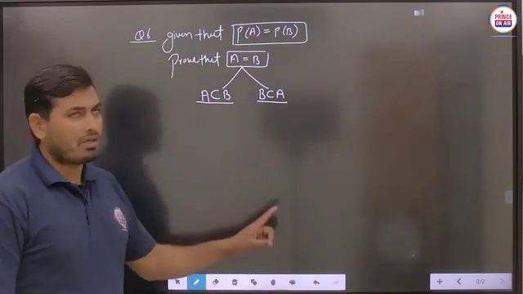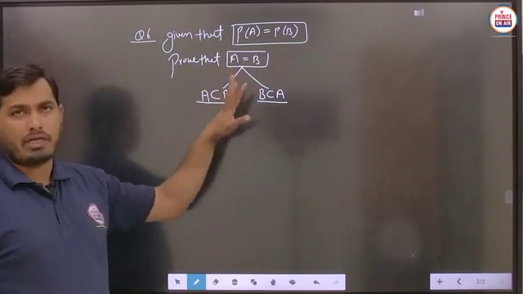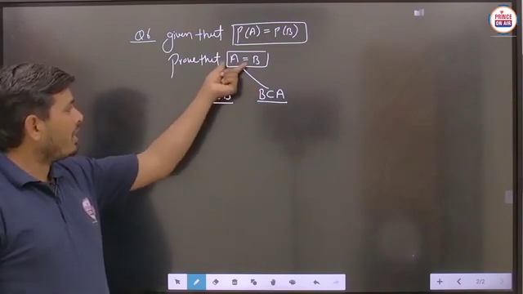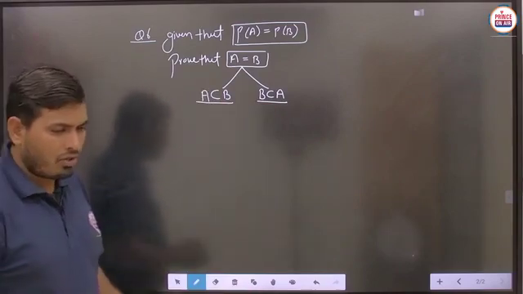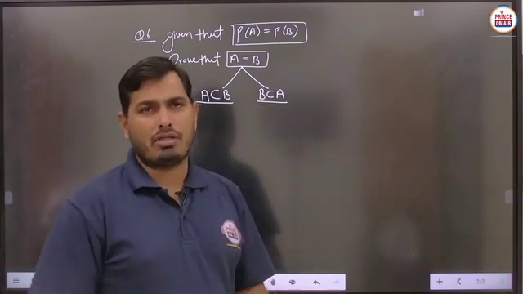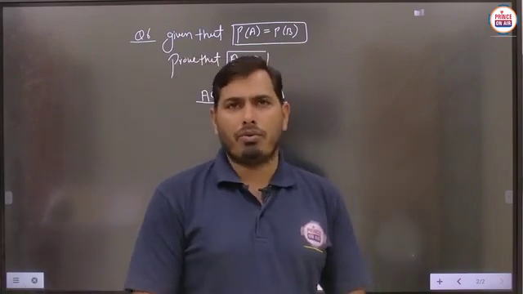The basic logic of equating two sets is that we can prove A is a subset of B and B is a subset of A. If both are subsets of each other, then definitely, student, they are equal sets.